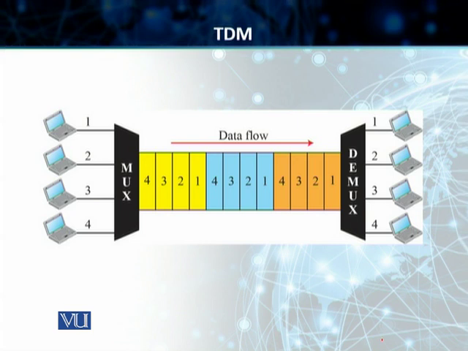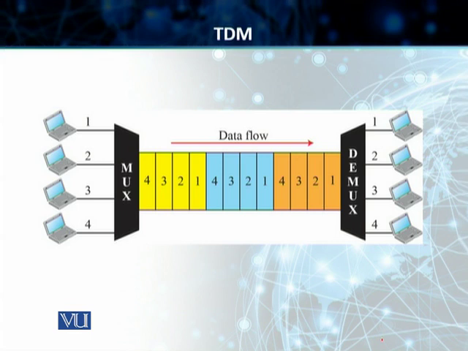So first, you take the data from each one of these connections, 1, 2, 3, 4. The second set is there from the second set of sources, and then with every clock tick, the new set of data flows onto this high bandwidth link. Low rate channels on the left hand side are multiplexed into the high rate link.